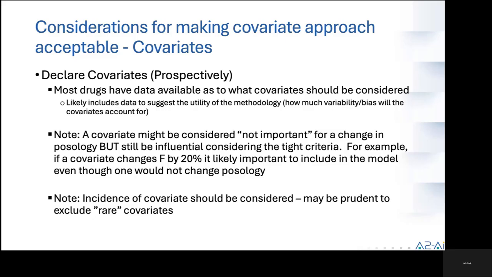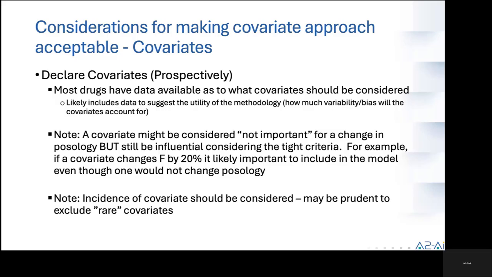For example, if there was a covariate that changed the fraction absorbed by 20%, that's typically not one that one would say is clinically important enough to change the posology, but a 20% difference may be something worth putting into your model where you're evaluating the bioavailability of two different products, because there we have very tight criteria.